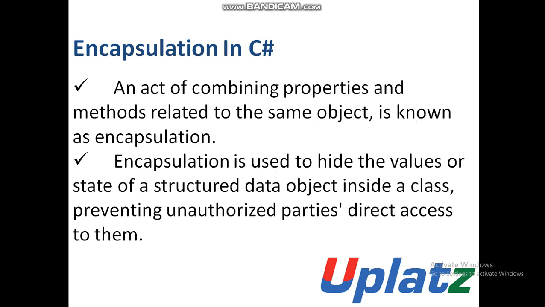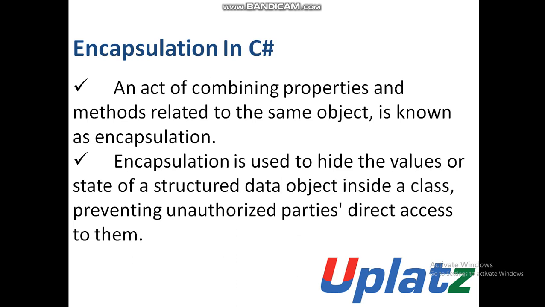Encapsulation is very simple: it is a process of binding the data members and data functions into single units. It is combining properties and methods related to the same object.